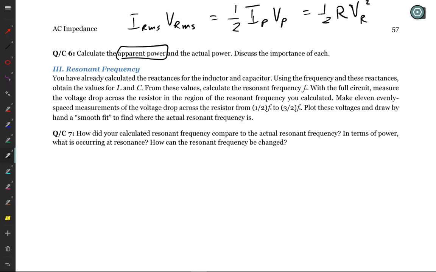So that's the apparent power. The actual power is going to be 1/2 R V R squared cosine phi.